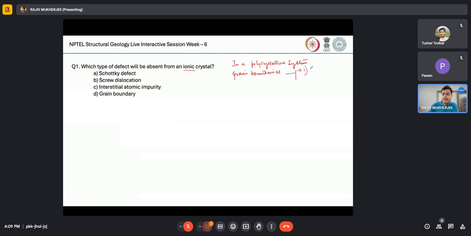Number one is misorientation of crystal axis that leads to separation of two different crystals.